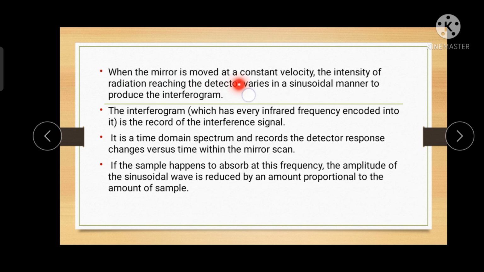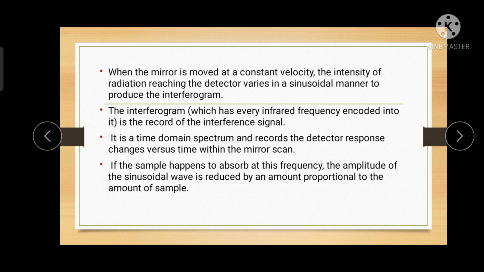When the mirror is moved at a constant velocity, the intensity of radiation reaching the detector varies in a sinusoidal manner to produce the interferogram. We know that the output of the Michelson interferometer is nothing but the interferogram, but in the interferometer we move one mirror, that is a moving mirror, which is moved with a constant velocity.